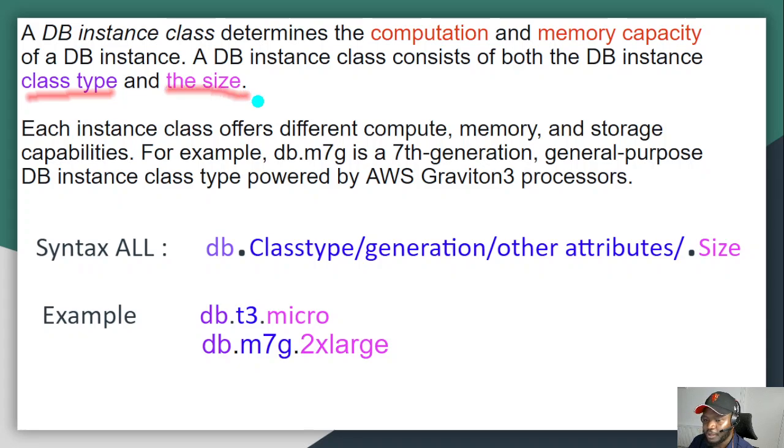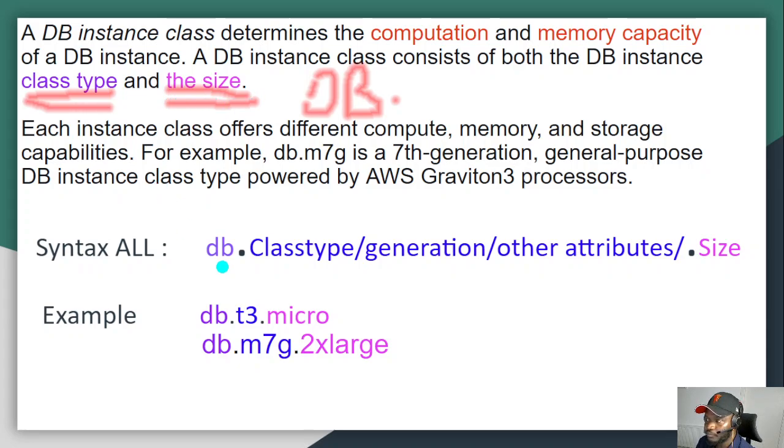For RDS, the normal syntax starts with DB. All DB instance classes start with DB, then you have a dot, then you have the instance class type and the size.